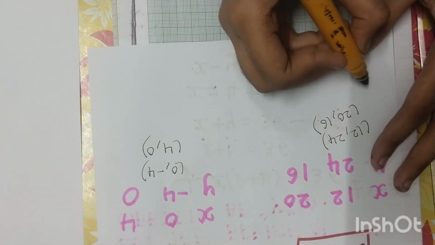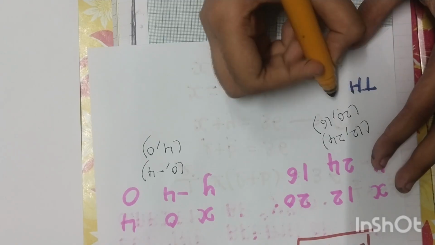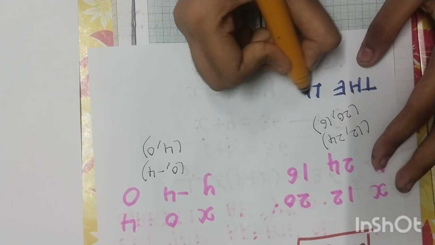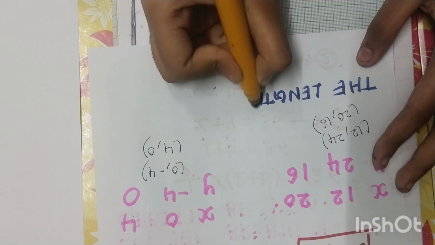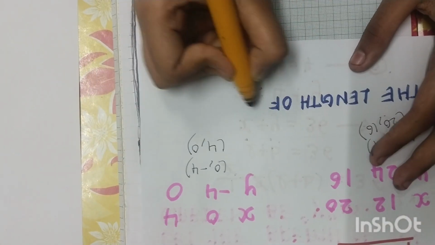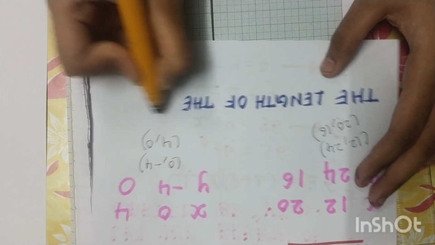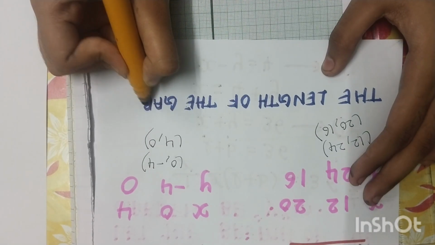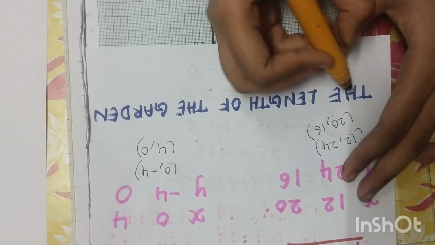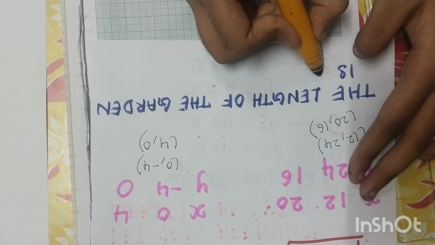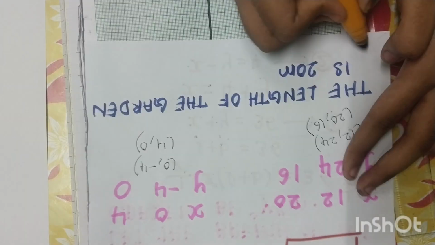So the length of the garden is 20 meter.